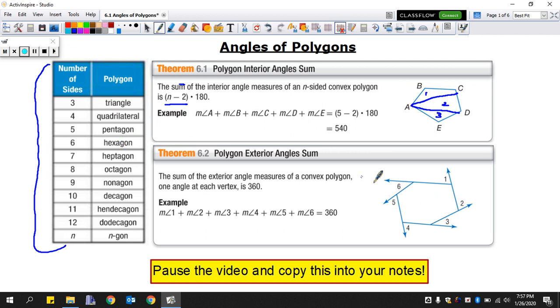The unique thing about polygon exterior sums is that all of the exterior angles add up to 360 degrees. We're going to use that to figure out, in a regular polygon, the measure of each of the exterior angles, as well as the measure of each of the interior angles. So pause the video and copy these two theorems and this table of polygons into your notes.